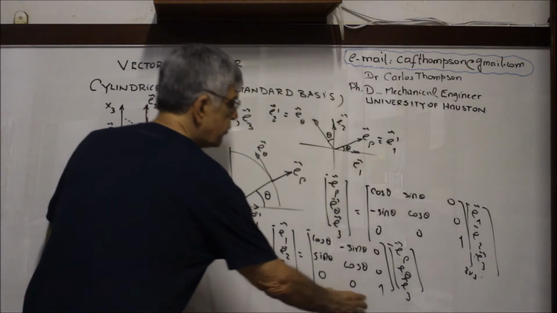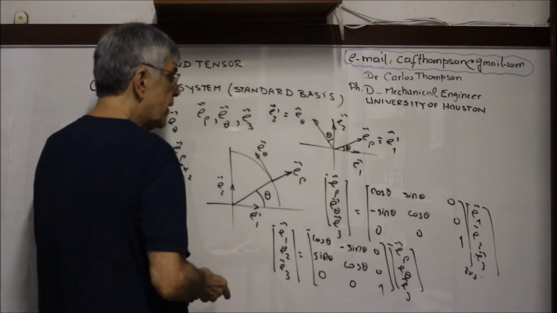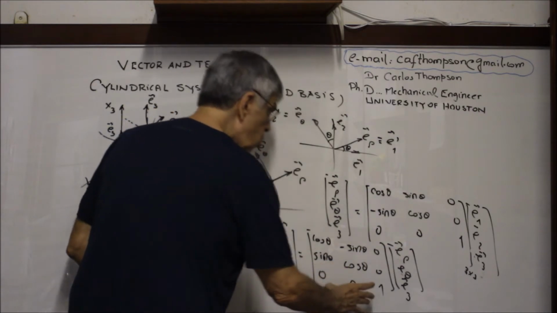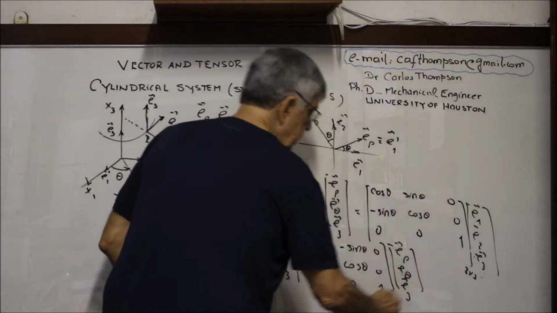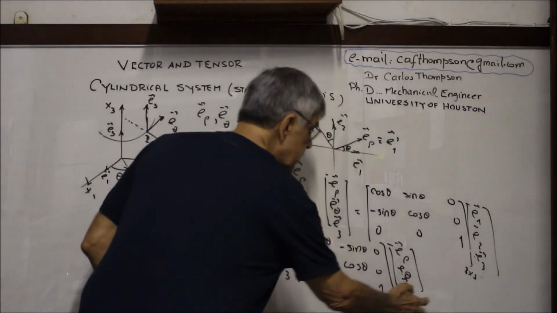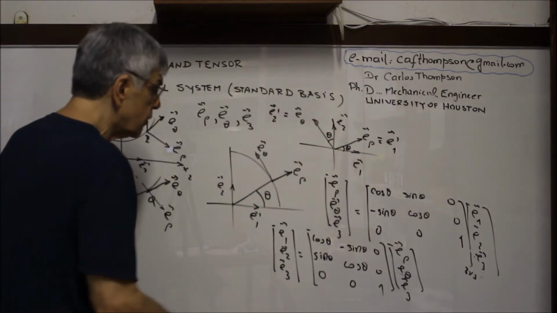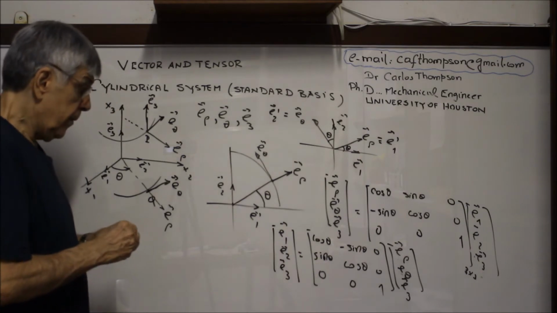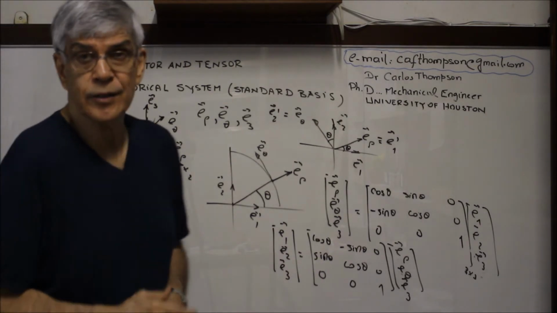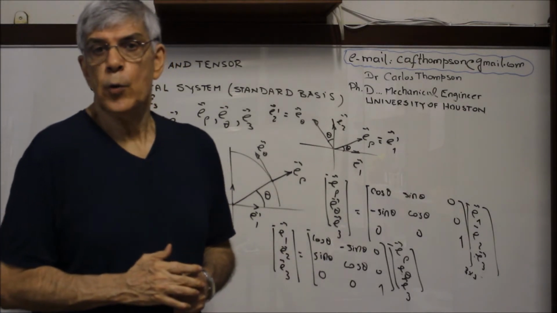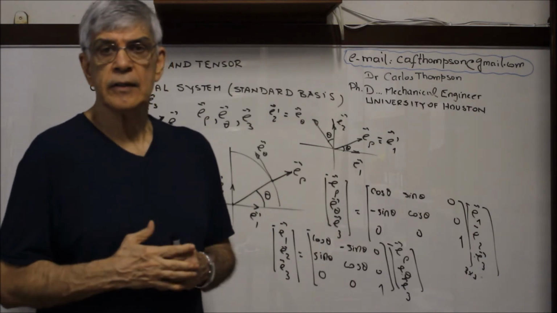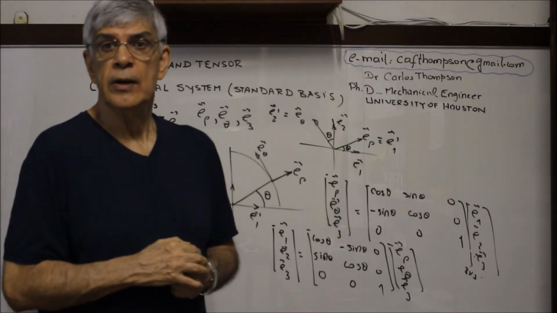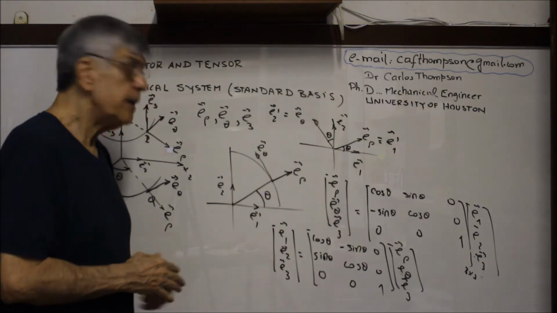So, this is a matrix that transforms the cylindrical basis, the unit vectors in the cylindrical base, to the unit vectors in the Cartesian base. This topic is very important when we study fluid mechanics, strength of material, and in math.